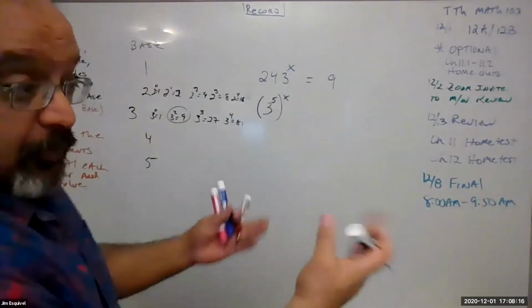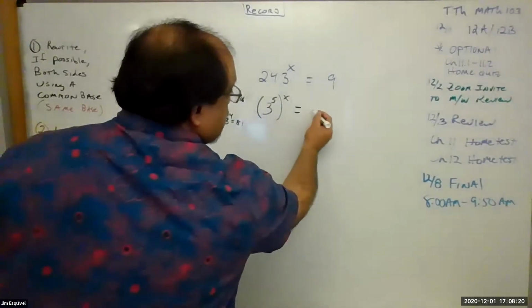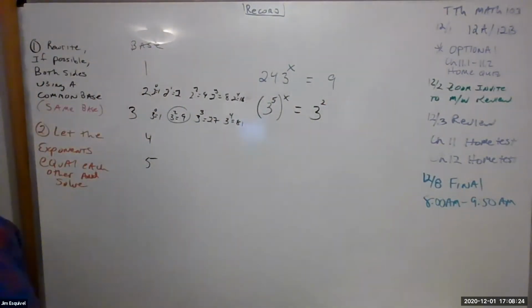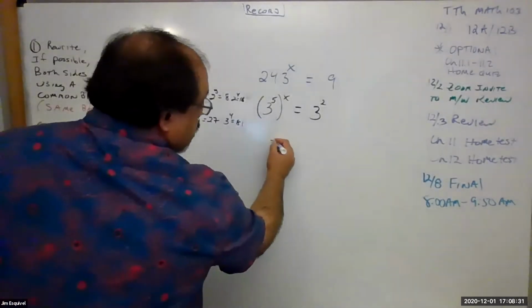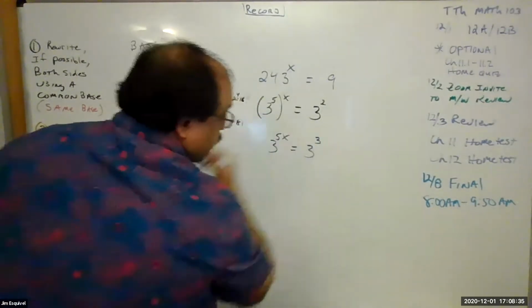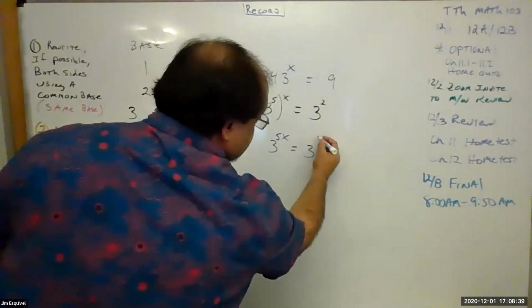So I'm looking forward to grading these tests. And 9, well, that's 3 to the second. Now you have almost ready. 3 to the 5x equals 3 to the second.